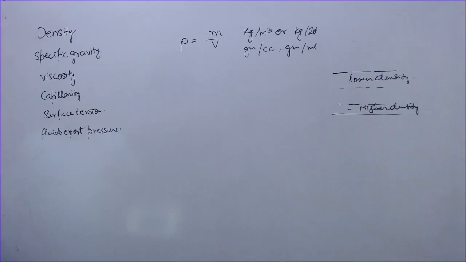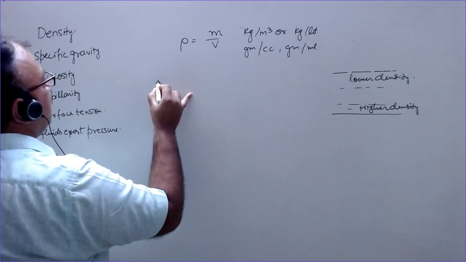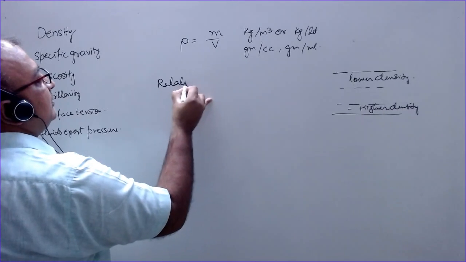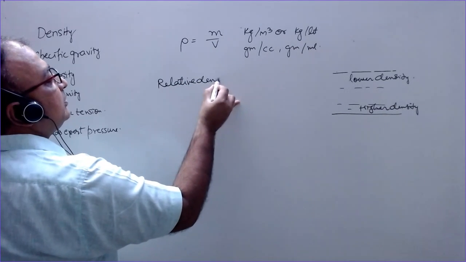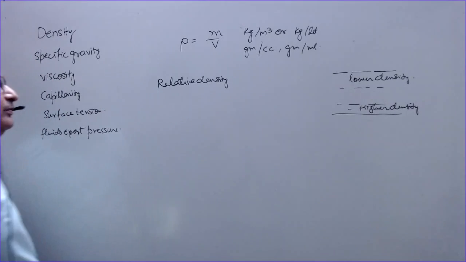Then we have a term which is called relative density. What is relative density? Relative density is a term used to compare the density of a fluid, which may be a liquid or a gas, with respect to another, standard fluid, like water in case of solids and liquids, and in case of gases we take air.